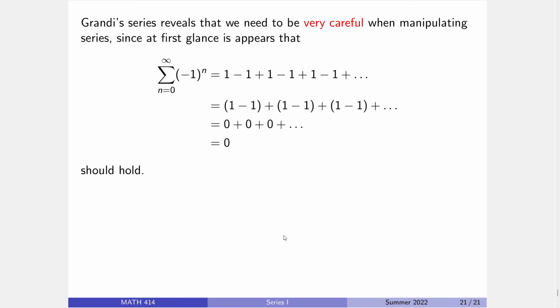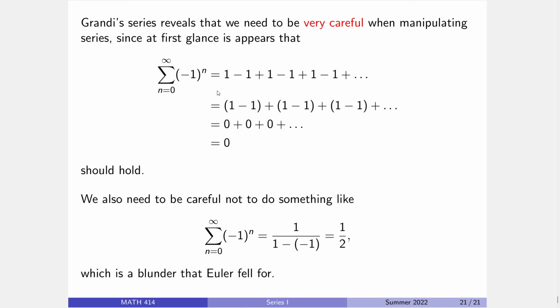All right. And we need to be further careful because we do have a formula for geometric series, and if you look at this, it looks like a geometric series. It's a number to the nth power. And our boy Euler was very adamant about this being true.